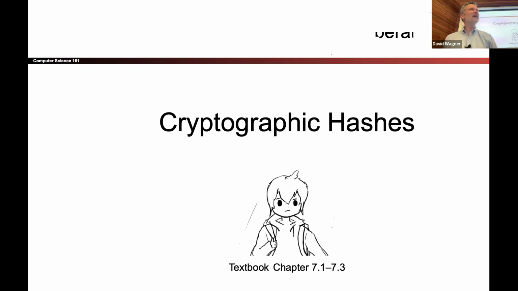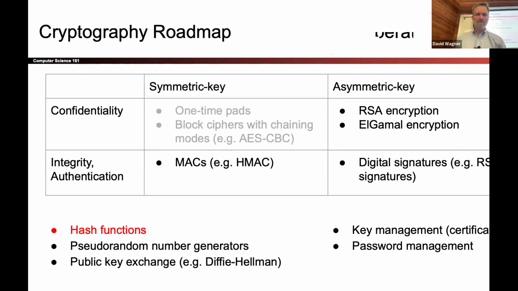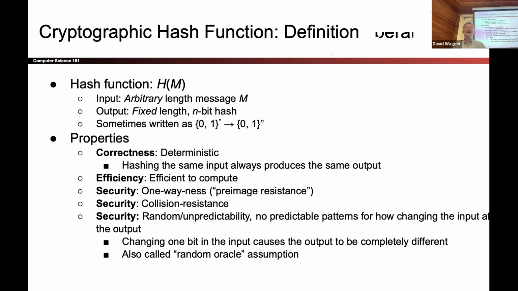I don't really know how they got this name, but a hash function is just an algorithm that takes as input some sequence of bits, and produces a short output that is another sequence of bits, but fixed length.